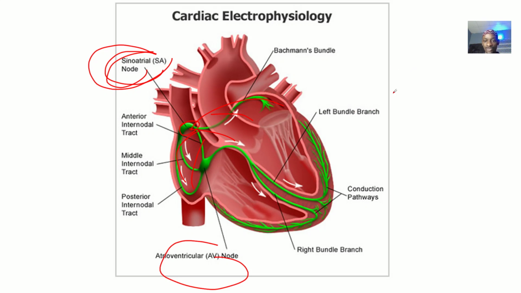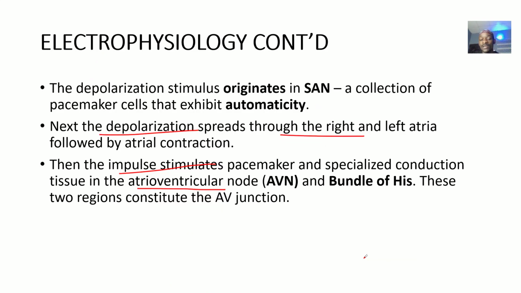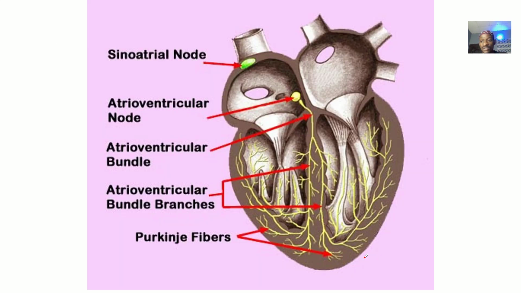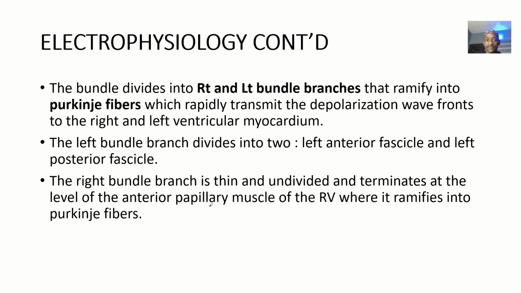For the atrioventricular node, then the bundle of His, we have the left one and we have the right one. So now impulses are coming from the sinoatrial node to stimulate what? The AV node and bundle of His. Perfect story, right? I hope you guys can still follow. Start from the sinoatrial, stimulate the atrioventricular, and the bundle of His.